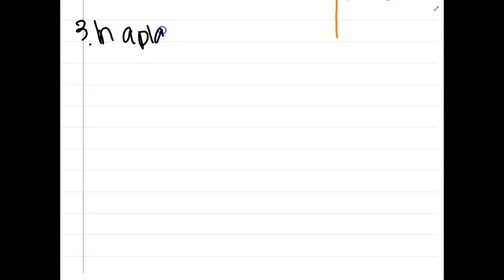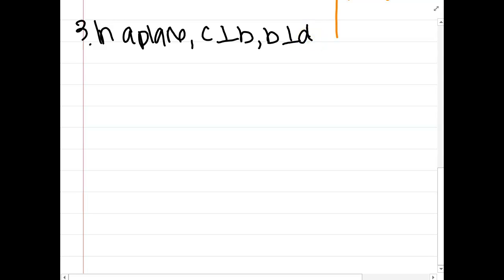All right, we're going to do pretty much the same thing. It's going to have the same given, a different proof, but the same picture. This time it's the same information, but it's given a little differently. In a plane, C is perpendicular to B, B is perpendicular to D, and D is perpendicular to A. So it's the same given, just in a sentence.